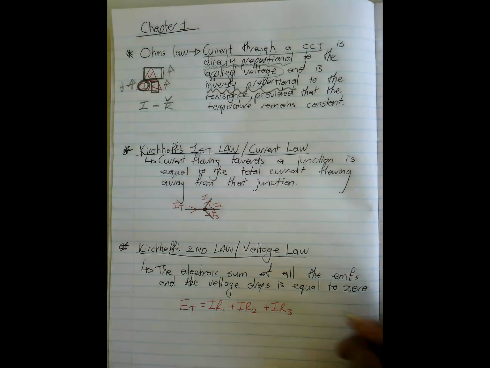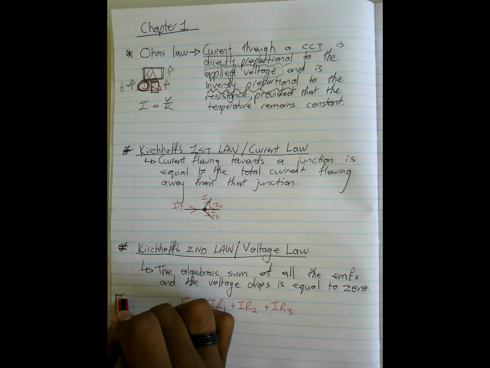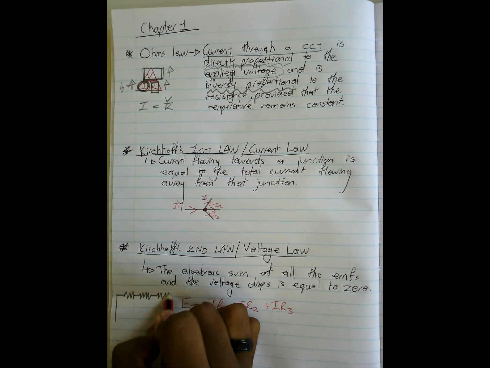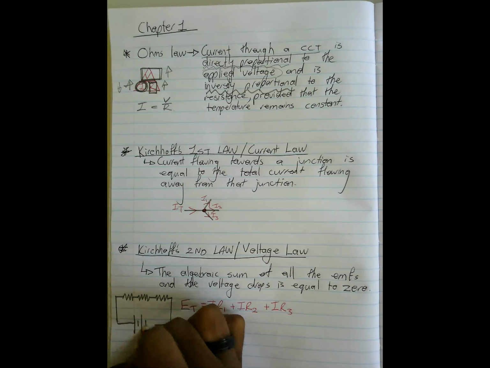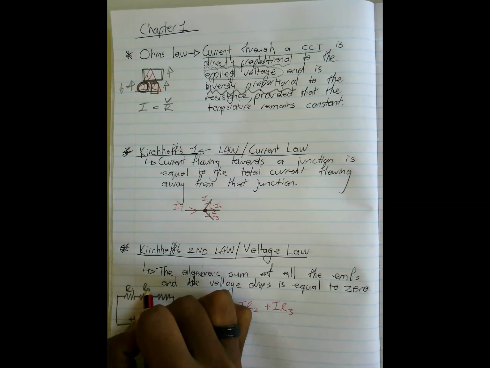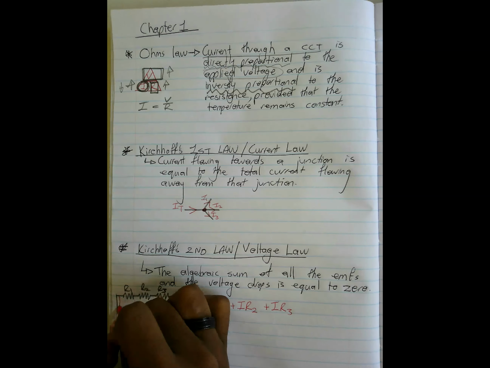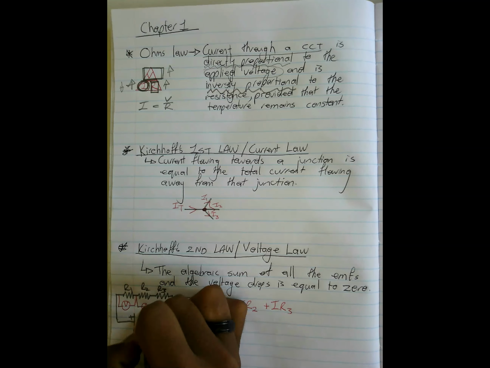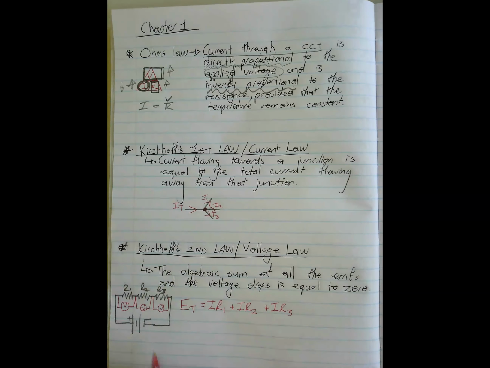Basically, our circuit is looking something like this. Let me draw a quick thing. So it's the voltage drop here, the voltage drop over there, and a voltage drop over here.